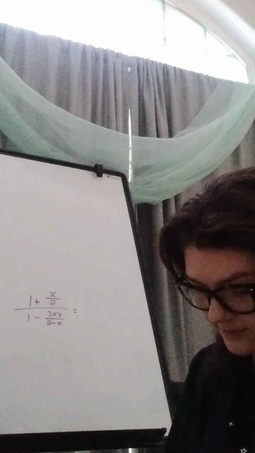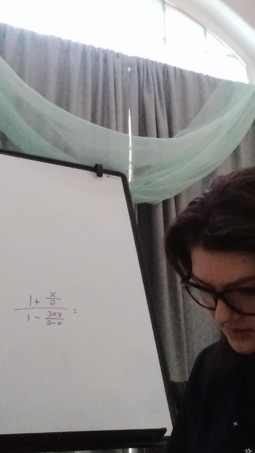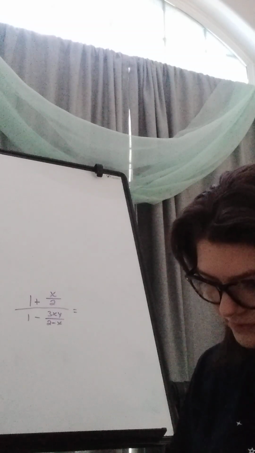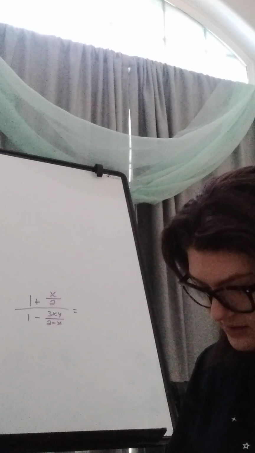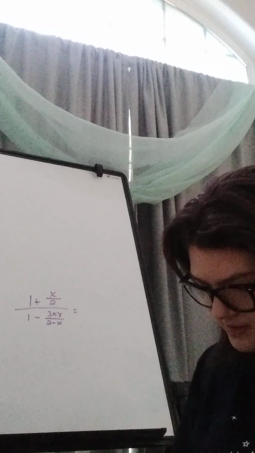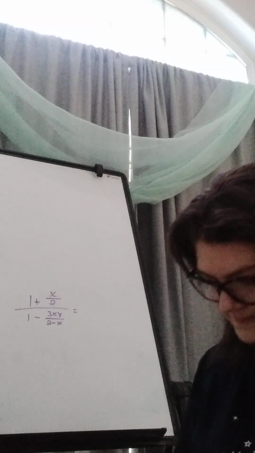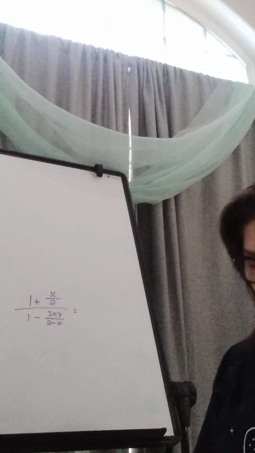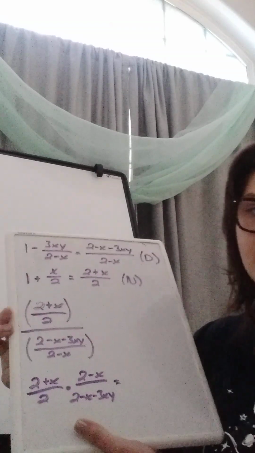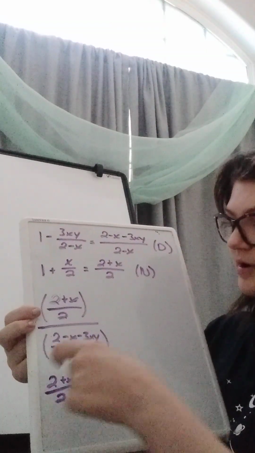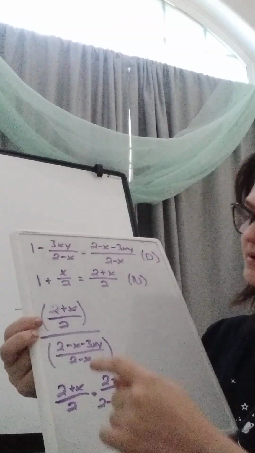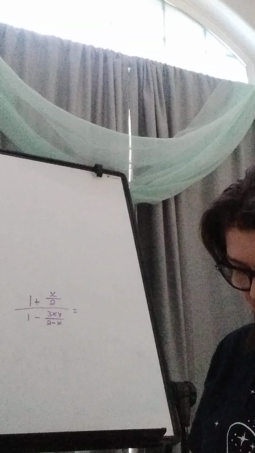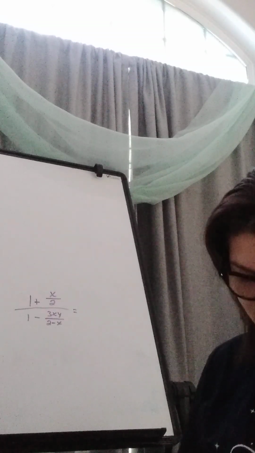So we really have 2 plus x over 2 times 2 minus x over 2 minus x minus 3xy. And for here, remember, our numerators are going to multiply and our denominators are going to multiply. So I have 2 plus x times 2 minus x.